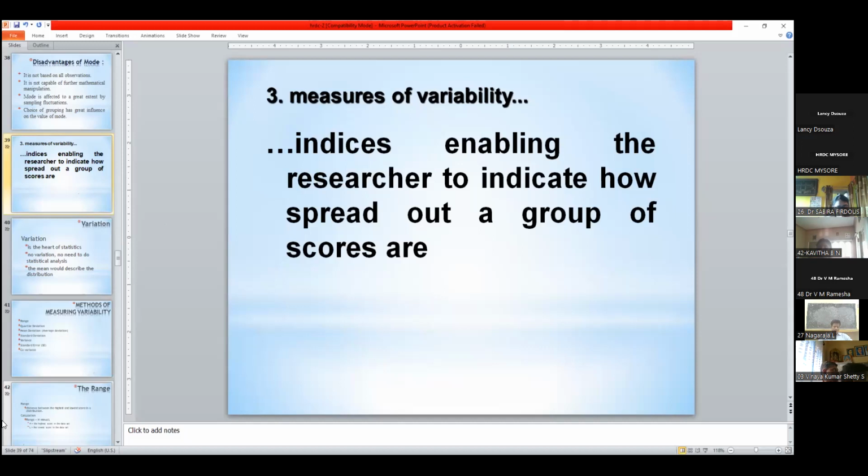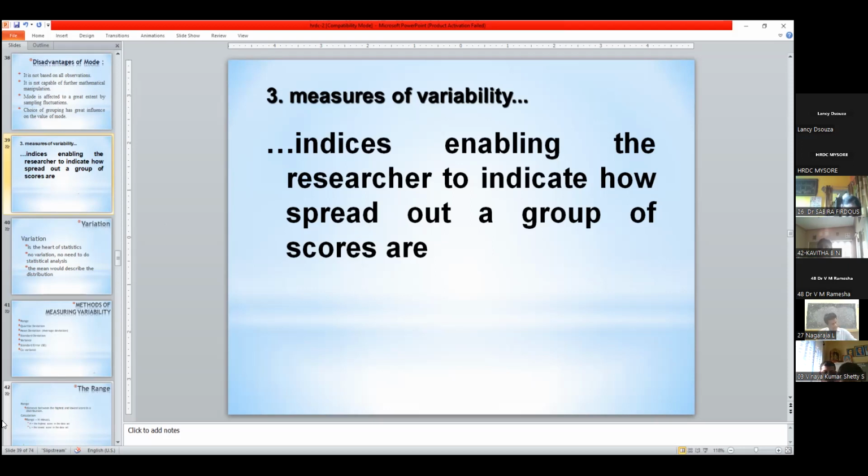In such cases you go for a median. There are two other types of means, geometric mean and harmonic mean, but we are not going to discuss them because in social sciences we hardly use these two statistics.